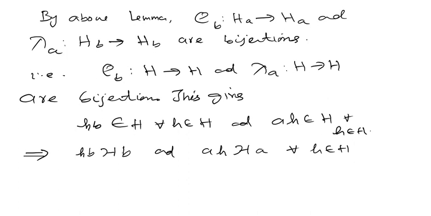So now we have a mapping here which maps B onto HB.